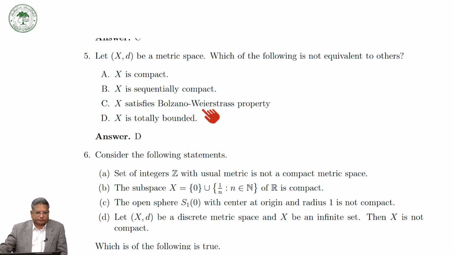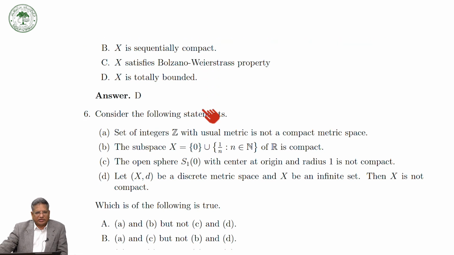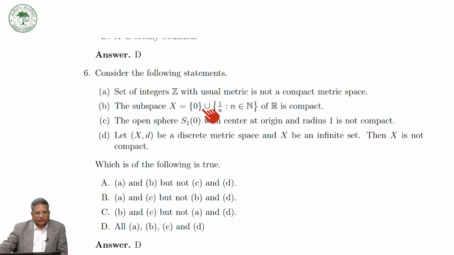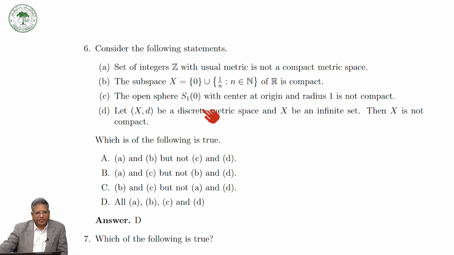Now consider the next exercise. Consider the following statements. The first is: the set of integers with the usual metric is not a compact metric space.